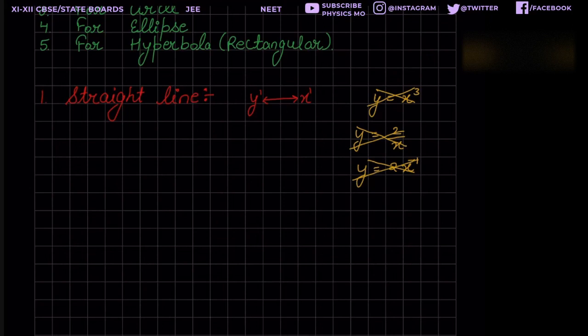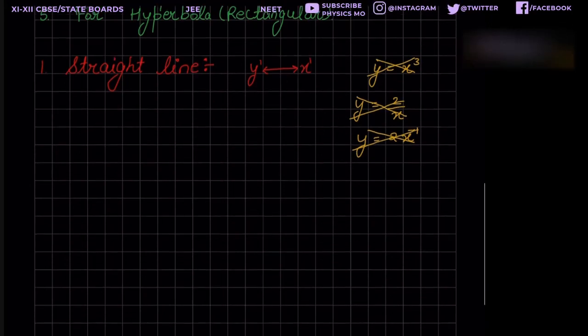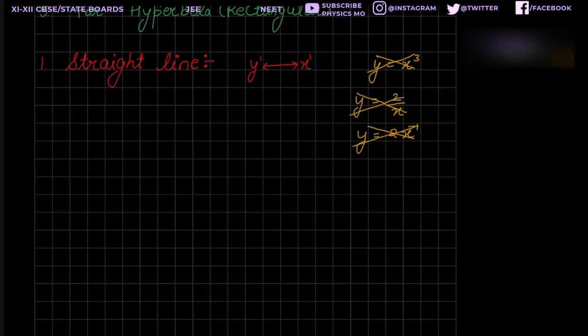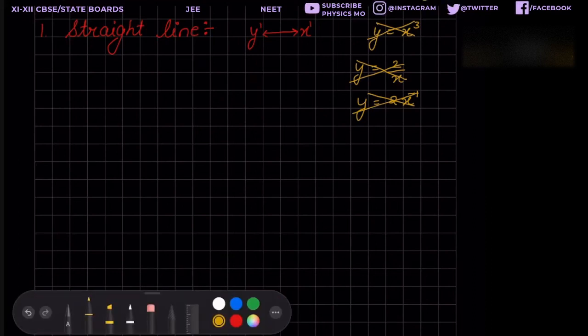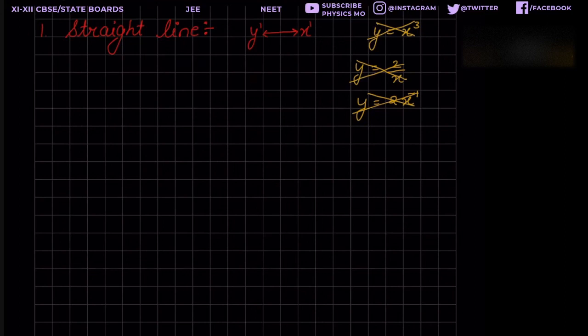Then how to identify what kind of straight line we will get? Just remember a golden rule which says that always convert your equation into a form where you get y is equal to mx plus c. Always convert your equation in this form. किसी भी फॉर्म में आपका इक्वेशन गिवन है, you have to convert it in this form.